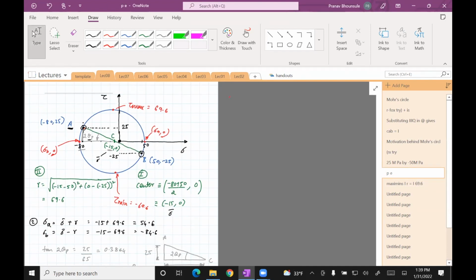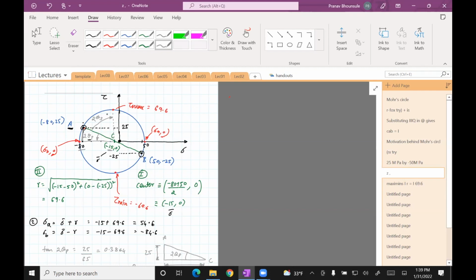Now we need to also find the direction of the maximum shear stress. So for that, we do the same thing, which is to start from point A or B and find the angle from point A to the maximum shear stress or minimum shear stress. So just choose this one. We need to go clockwise by an angle 2 theta s in order to be at the maximum shear stress.